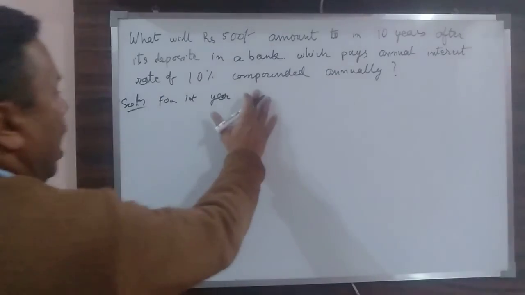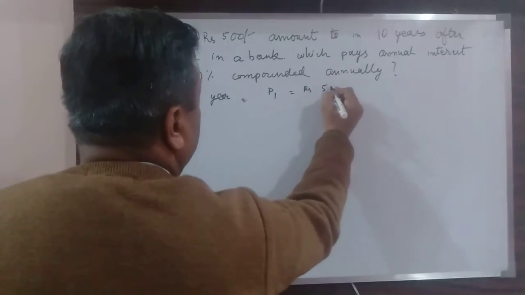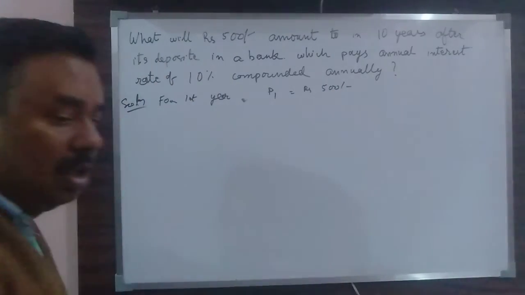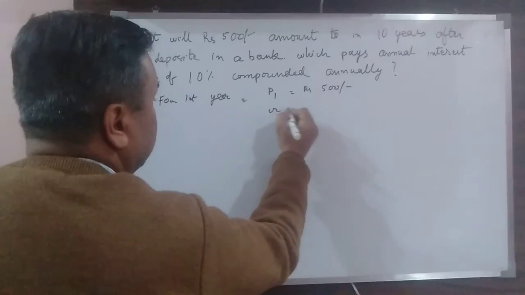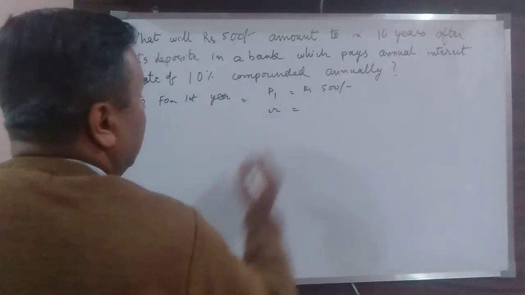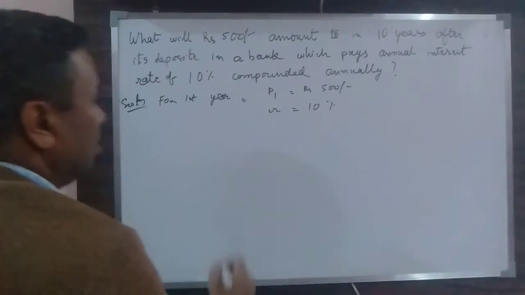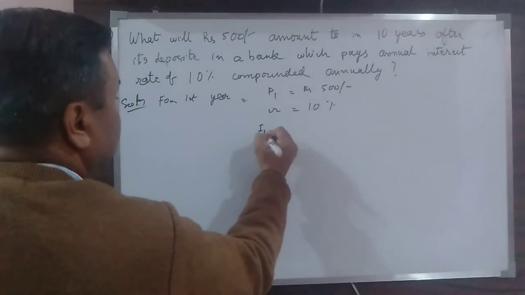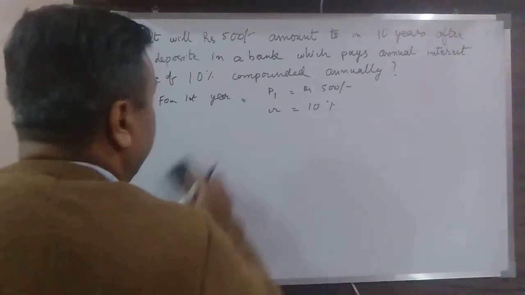I have P1 that is given to you, that is rupees 500. The rate of interest is given to you, 10%. So what will be the interest? Or let's calculate the amount directly.